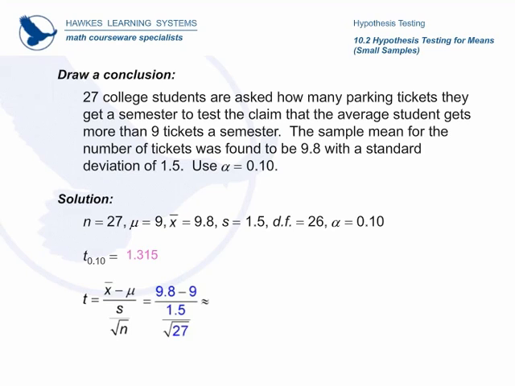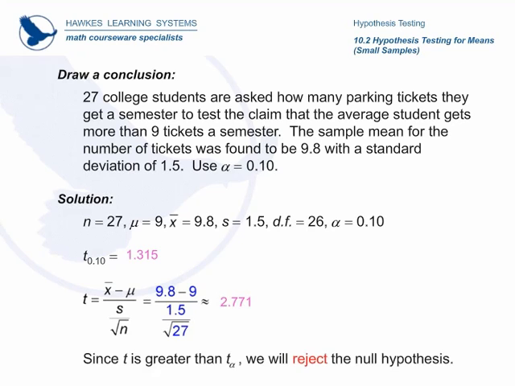And so as we plug in our numbers, we have 9.8 minus 9 divided by 1.5 divided by the square root of 27, and that equals approximately 2.771. Since the t-score is greater than our t alpha, our t for the level of significance, we will reject the null hypothesis.